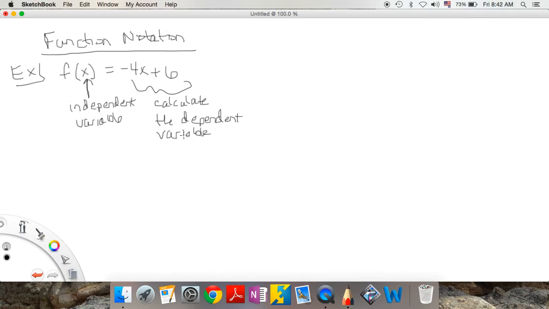So if we have, for example, this function here, and we have a domain we're given, which is the list of independent variables, remember, of -5, -3, 2, and 5, and we want to know what the ordered pairs are for that function, then our function is going to be a set of ordered pairs where we have this is our x value, and then our y value is the function evaluated at that, and that's how we write that.